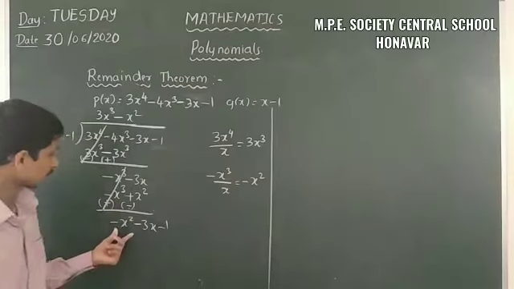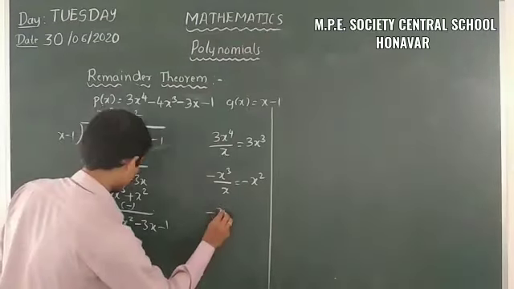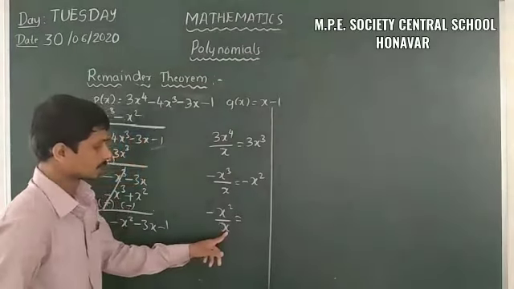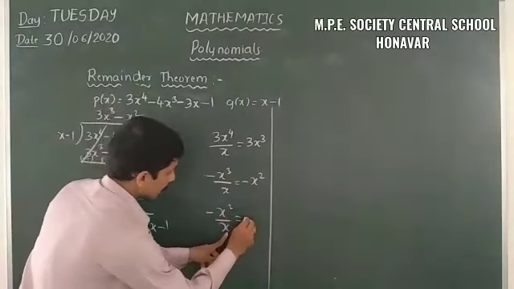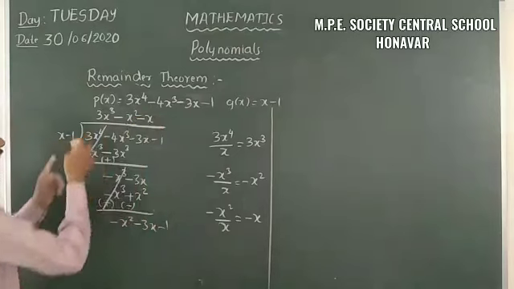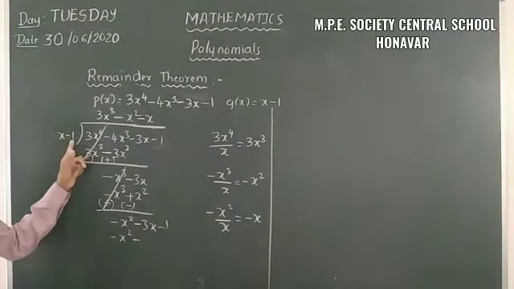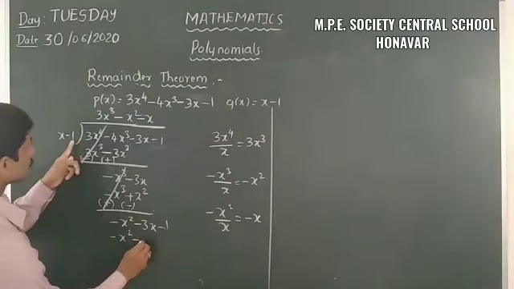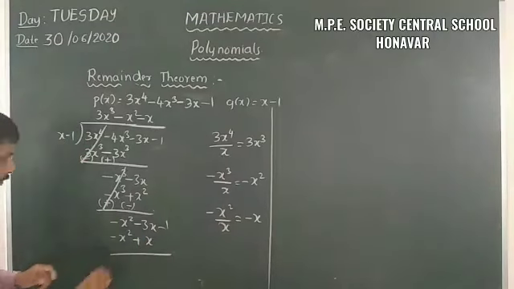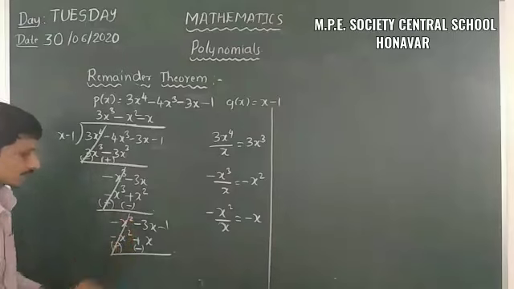So take the first term of the dividend and first term of the divisor. Minus x square by x is equal to, so what do we get? Minus x here. Multiplying minus x by x minus 1 gives minus x square plus x. So we have to change the sign here, then it will cancel out.